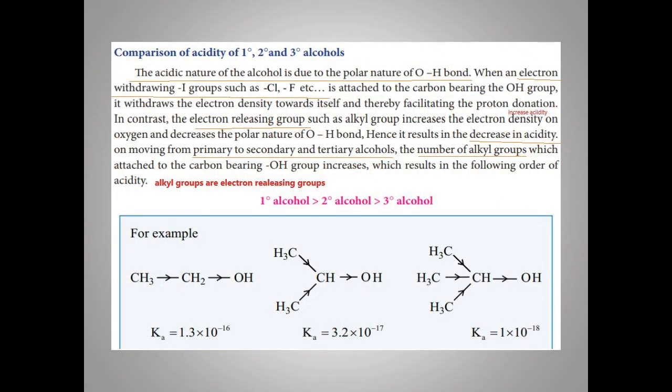Comparison of acidity of alcohol. The acidic nature of alcohol is because of the polar nature of the OH bond. Suppose the alcohol is attached with electron withdrawing groups, that is chlorine or fluorine. They withdraw the electron density towards themselves, so that the proton is donated very easily, and they increase the acidity of alcohol.